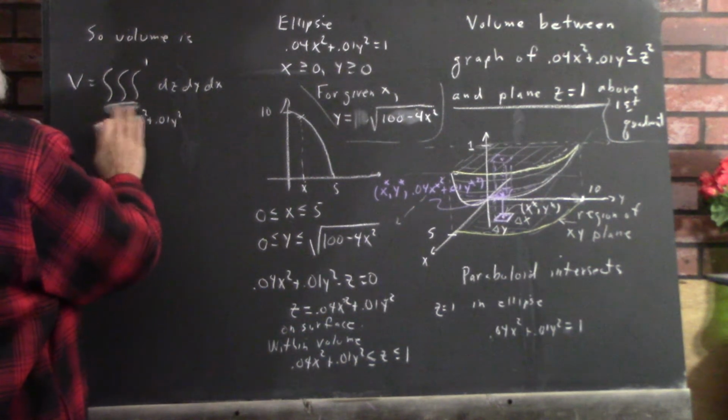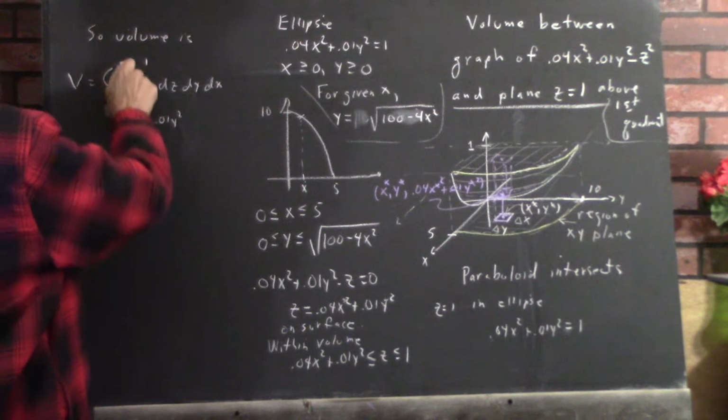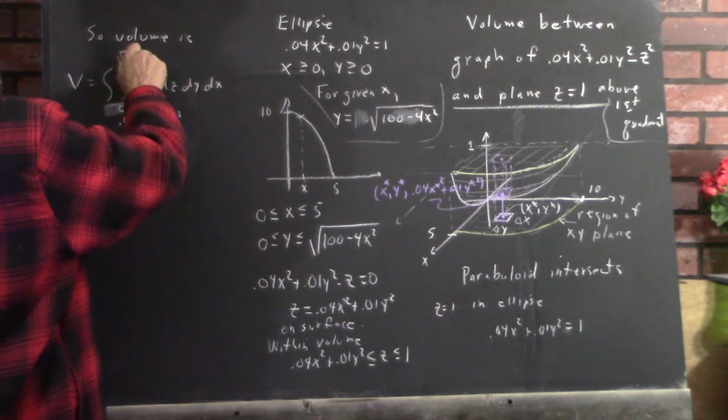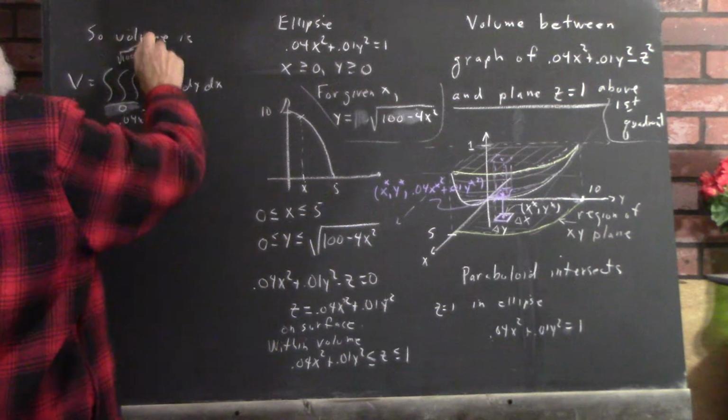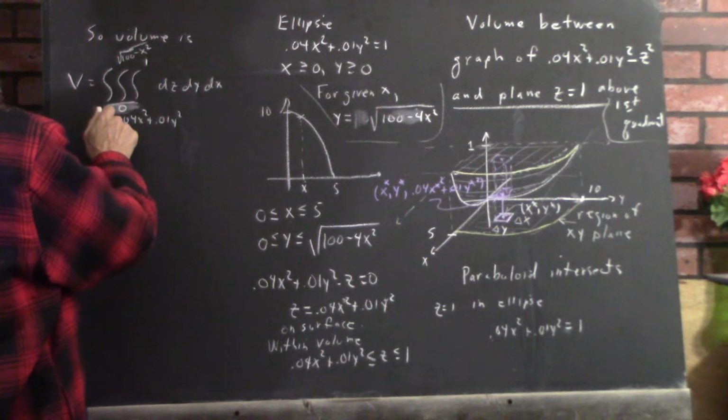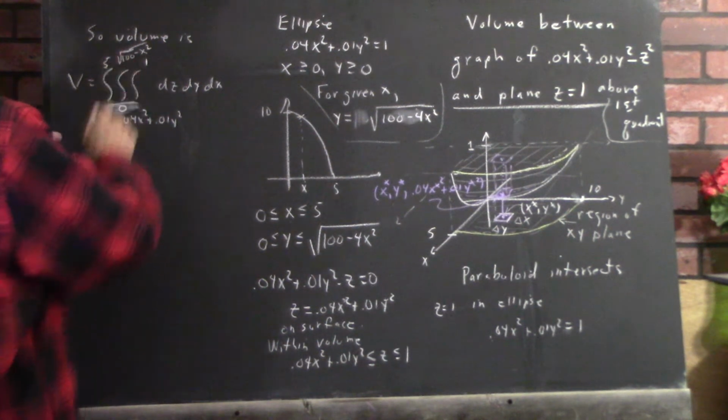I did leave myself room. From 0 to the square root of 100 minus x squared. And then from 0 to 5.